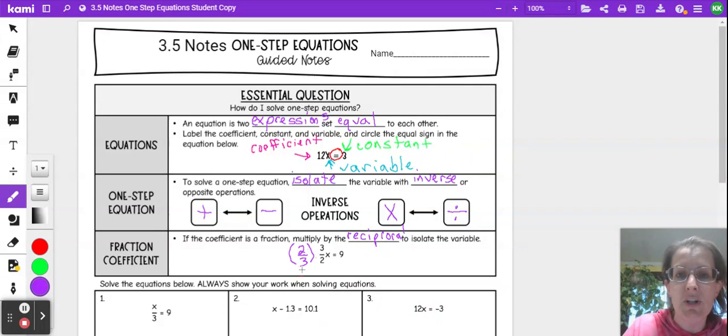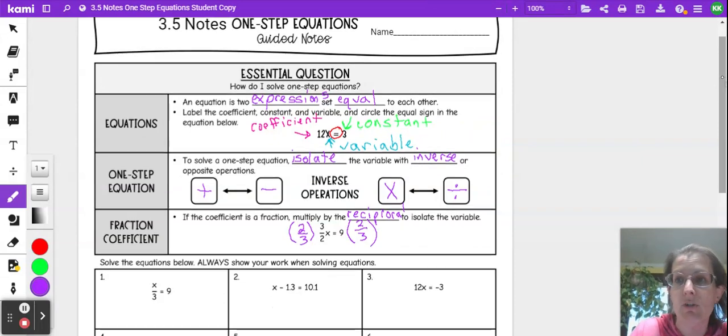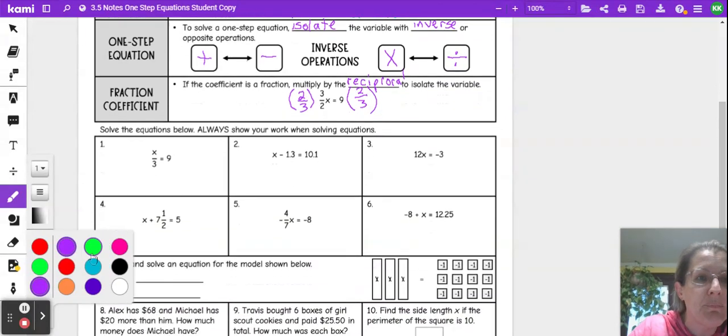When we divide, we do copy, change, flip. So you will multiply by 2/3. And the other thing that you have to know is that you're going to do the opposite operation, but everything you do, you have to do to both sides. Whatever you do on one side, you have to do on the other to keep it balanced. So let's look at some examples.